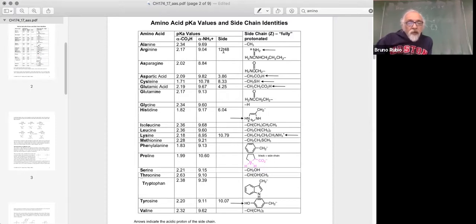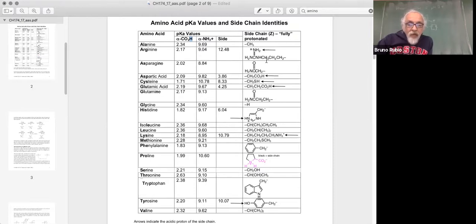Another thing to watch out for is that some amino acids have more than 2 ionizable groups. They all have an acidic carboxylic acid proton, and they all have an acidic ammonium, but some have more than 2 acidic protons. And so this is what they're calling here the pKa of the side chain.